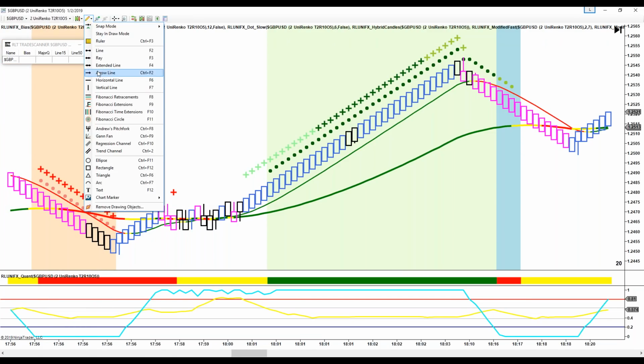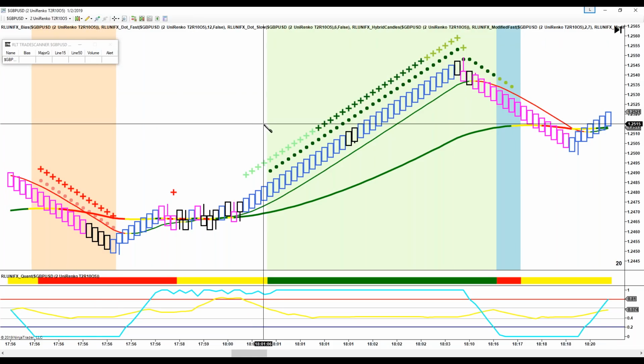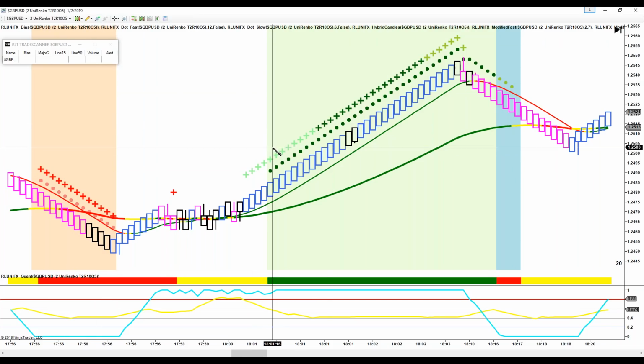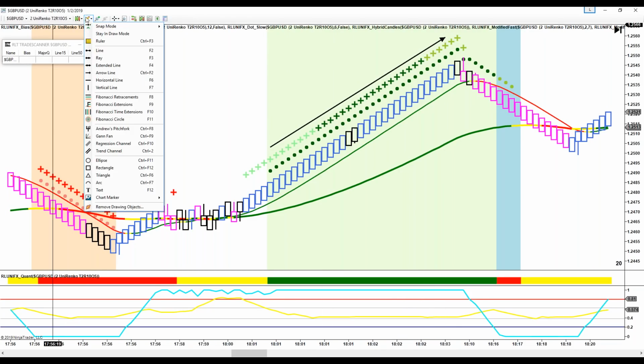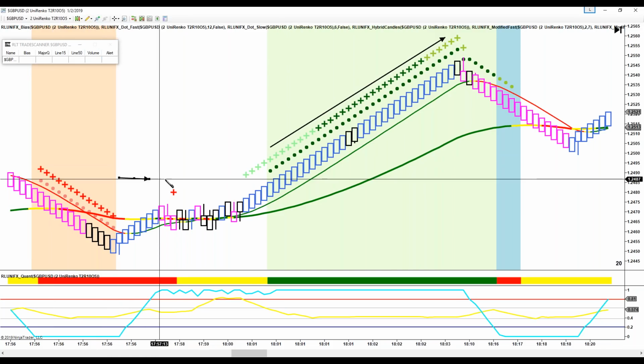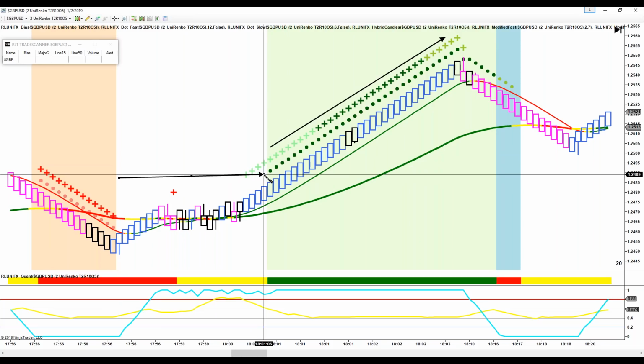Right here. It's as important to define areas that you should trade as it is to define areas that you shouldn't trade, where the likelihood of getting a winning trade is very small.